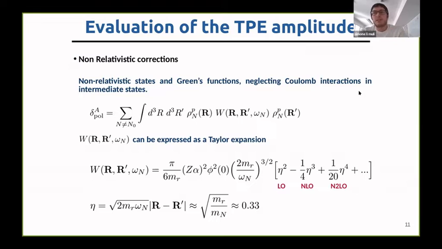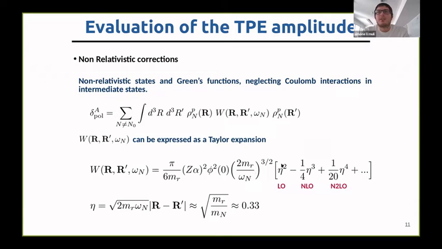After we do this approximation and some massage of the previous equation, the polarizability term will be expressed in this way, where these rho are nuclear transition densities, and this W is known as the leptonic part of the matrix element, which we can express as a Taylor expansion as in the following equation.